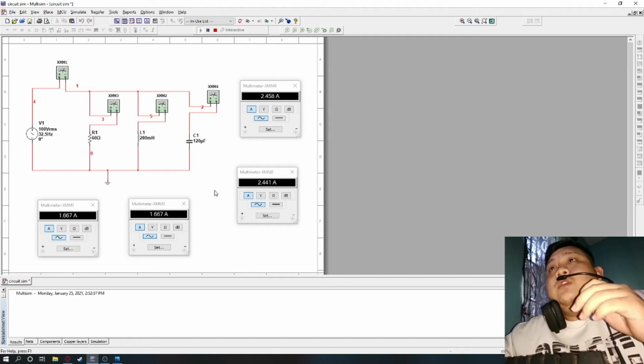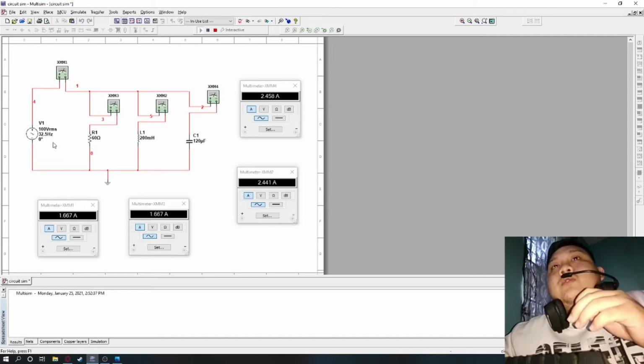So from this current value, it shows that the circuit is in resonance state when the frequency is 32.5 Hz.